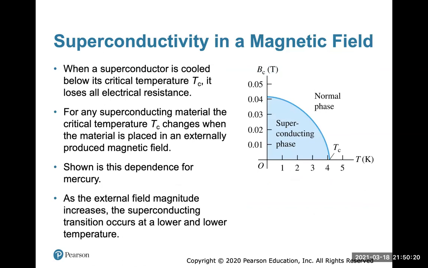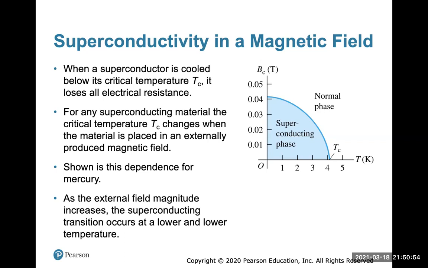This is a superconductivity state for mercury. If mercury is cooled to about 4 Kelvin, it suddenly flatlines as far as resistivity.